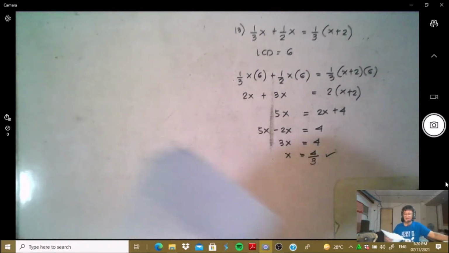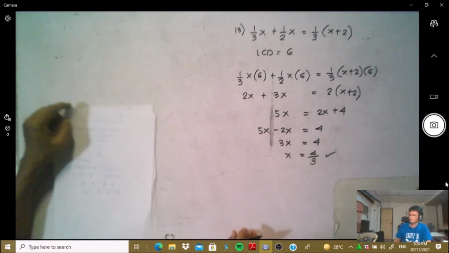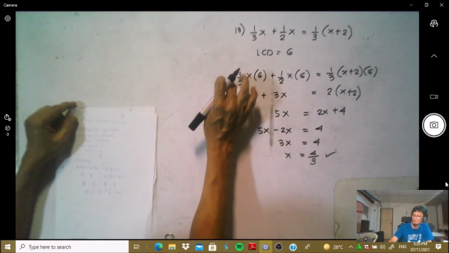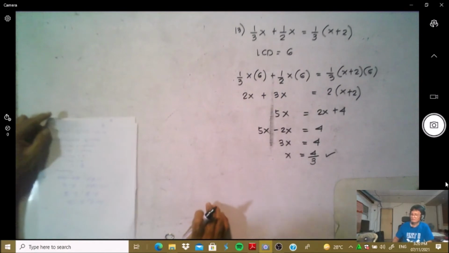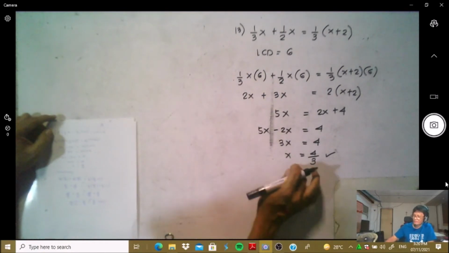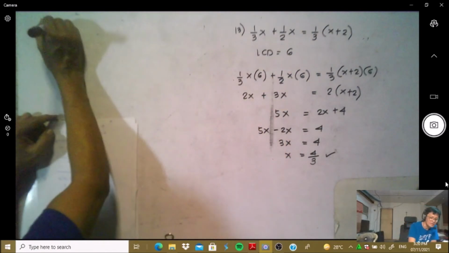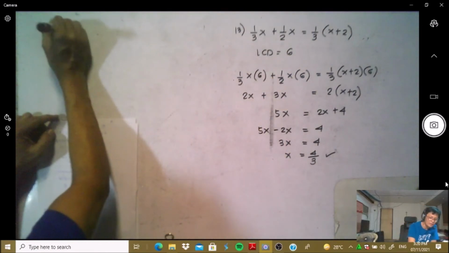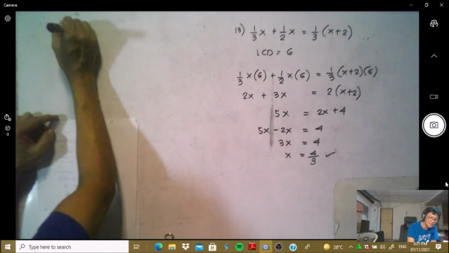So actually we can use this part here, but to make it procedural, let's substitute the value of x to the original equation. So we have to verify our answer.